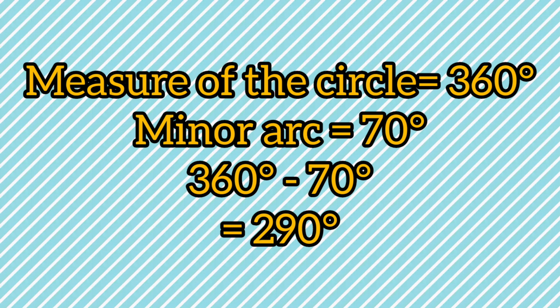We know the measure of the circle is 360 degree and the minor arc is 70 degree. So we subtract 360 minus 70, and we get the answer 290 degree. Understood everyone?